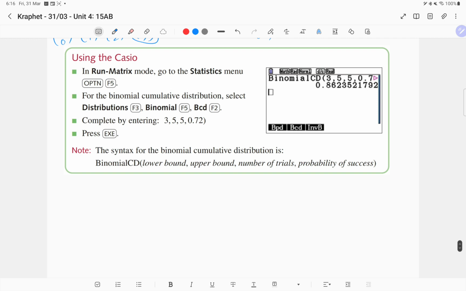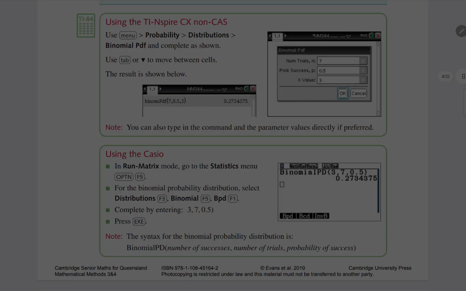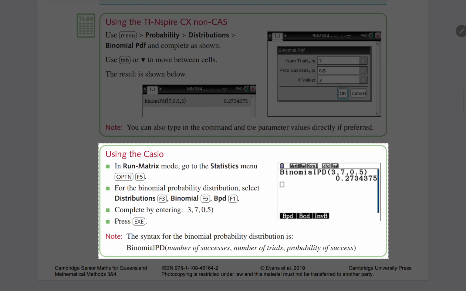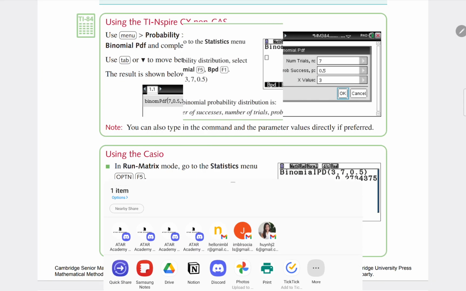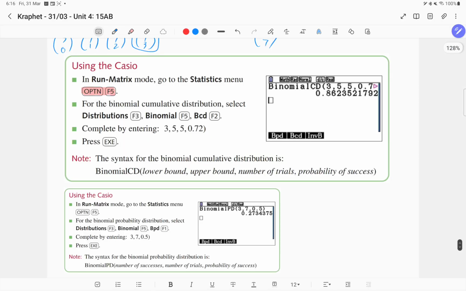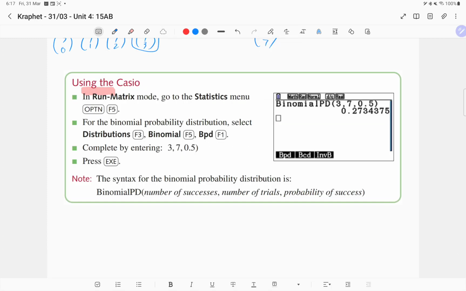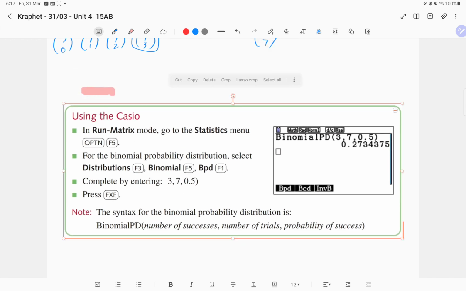Go to statistics, option F5. Hang on, we haven't learned this one yet. It's this one here. So statistics.